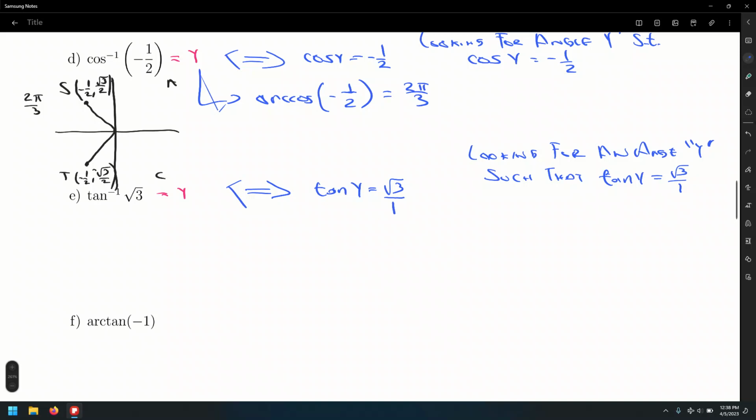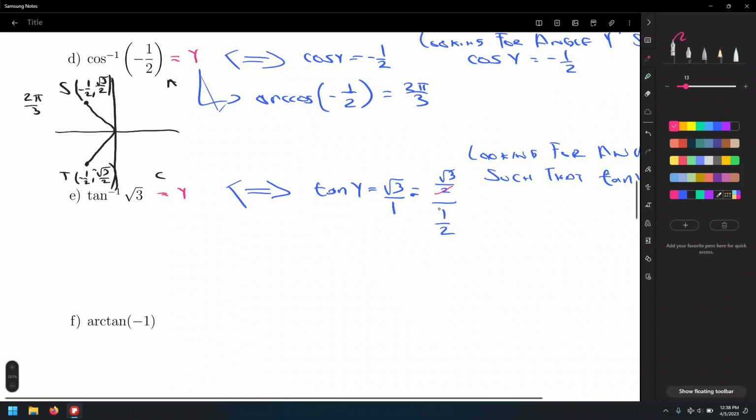Do we also agree, hopefully, that this is the simplified version of root of 3 over 2 over 1/2? Do we agree with this? Because essentially, if we do this backwards, cancel, we get root of 3 over 1, which is the original root of 3. Are you guys following me here?